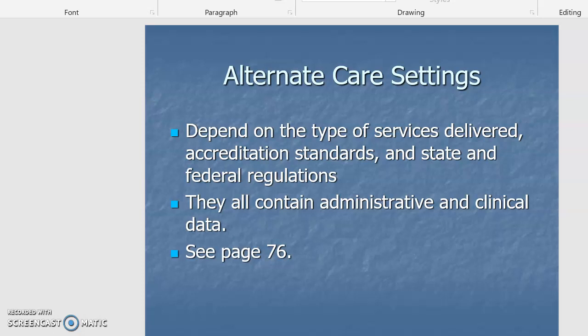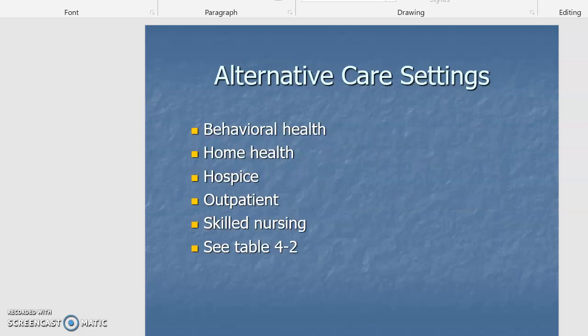Go ahead and refer to page 76. So again, behavioral health, I'm going back one here. This is anything possibly with mental health. Home health is when a nurse comes into your home and takes care of you. Let's say you had surgery and have an open wound, they come in and maybe pack it twice a week.